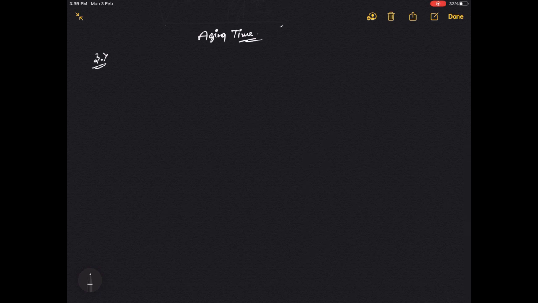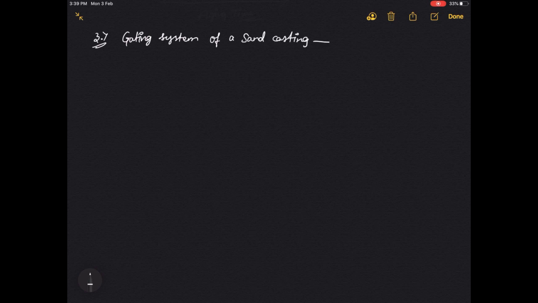The next question that they asked is: which of the following does not come under the gating system of a sand casting? Firstly we have to know what the gating system of sand casting is, and then we'll come to the options.